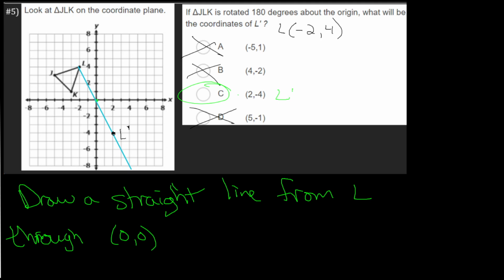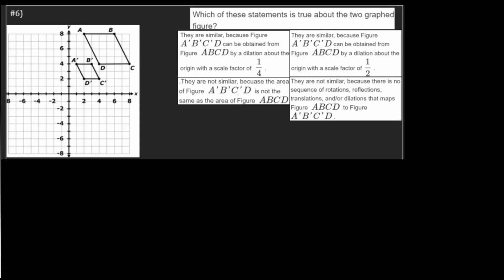For number 6, it says which of these statements is true about the two graphed figures. We want to make sure we pick only one. So from these 4 choices, let's see what we can find out. What's going on in this picture?